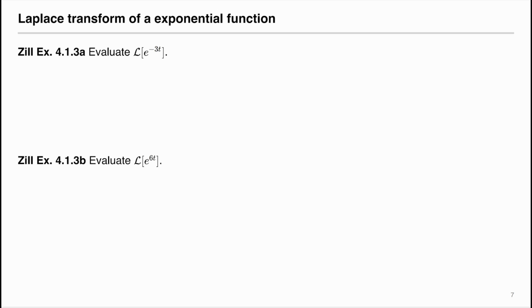Now let's look at the Laplace transform of an exponential function. Here we have the Laplace transform of e to the negative 3t. By definition, integrate from 0 to infinity of the original function multiplied by e to the negative s t dt. We can merge them together using the property of exponents, and we can also extract the t out.